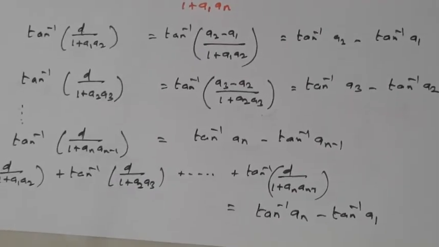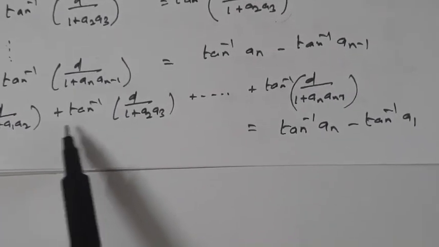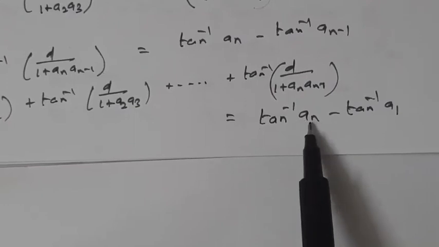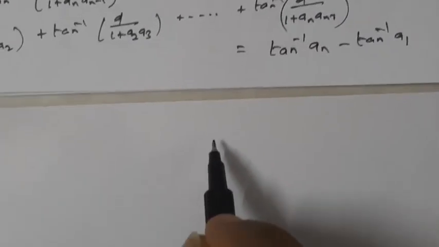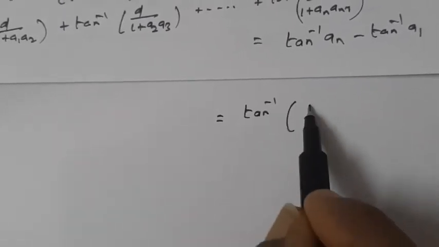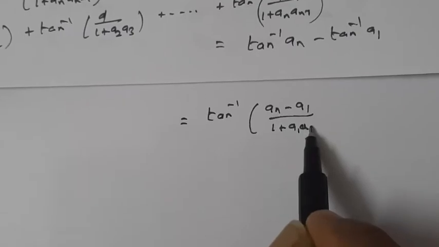Okay. So, by adding, we got the summation as tan inverse of an minus tan inverse of a1. Again applying the property, it will be equal to tan inverse of an minus a1 divided by 1 plus a1 into an.